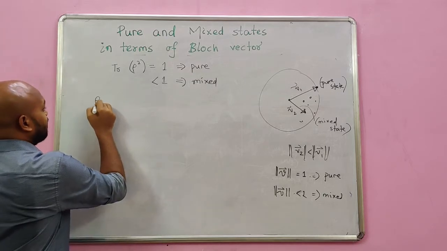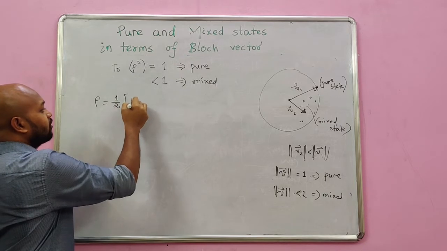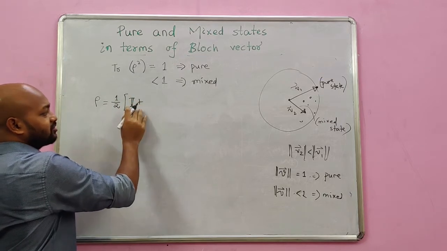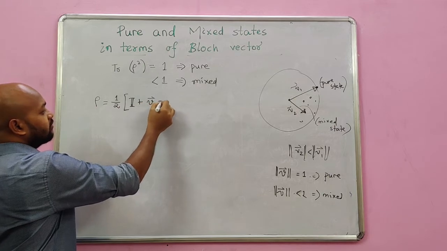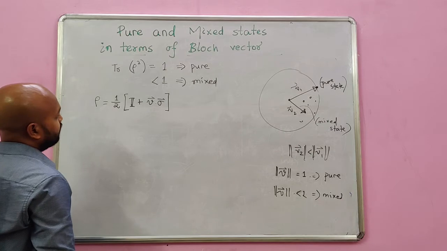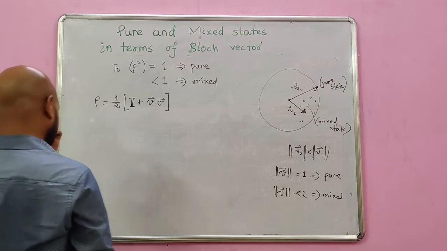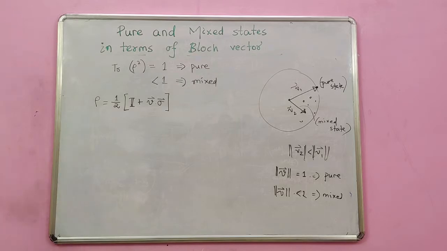Let's remember that our rho is nothing but half times the 2 cross 2 identity plus this Bloch vector times this sigma matrix. Now we have to square it, take rho square, and then again take the trace of it.